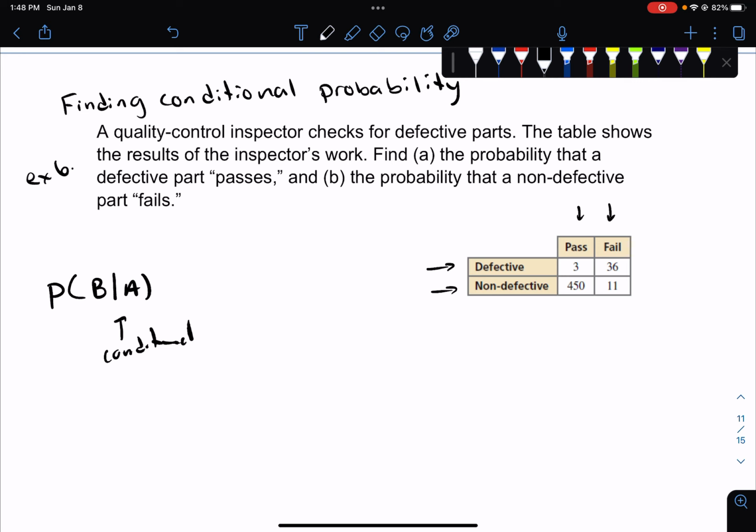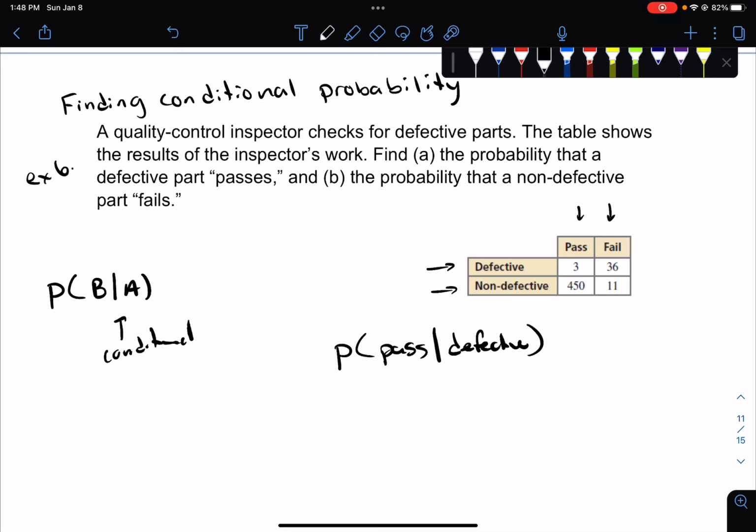It's not asking you to find the probability that a part passes. It's wanting you to find the probability that a defective part passes. So you would write that as the probability that something passes given that it is already defective.